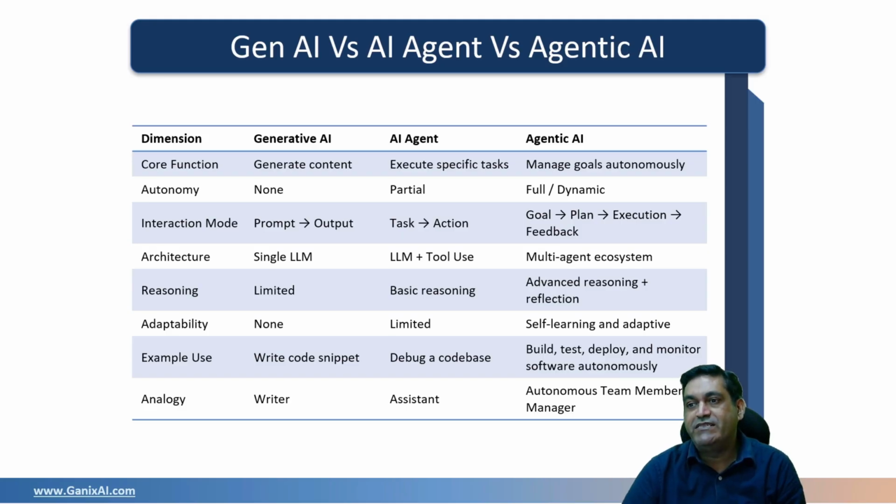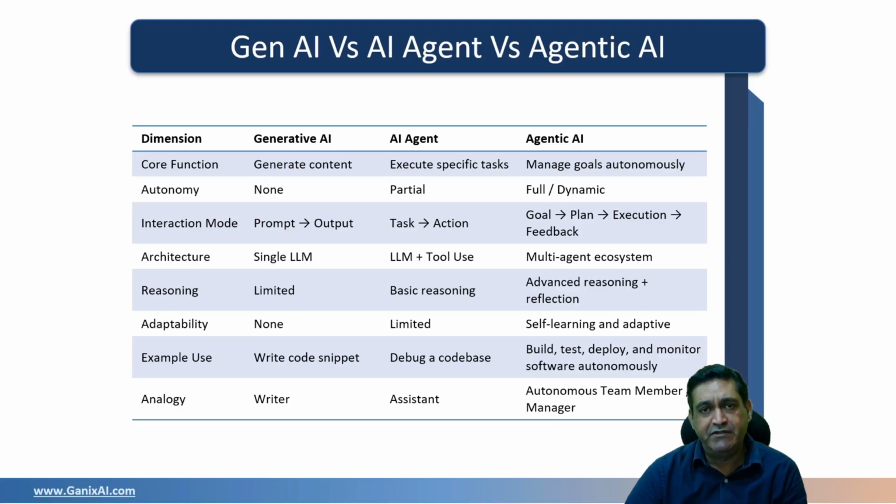To summarize it again, Gen AI focuses on content creation. It doesn't have any autonomy. It is a kind of interactive mode: you just give the prompt and it gives you the output. Architecture-wise, it supports only a single LLM. If you're using ChatGPT, it uses the ChatGPT LLM; for Claude, it uses Anthropic; and for Gemini, it uses Gemini.